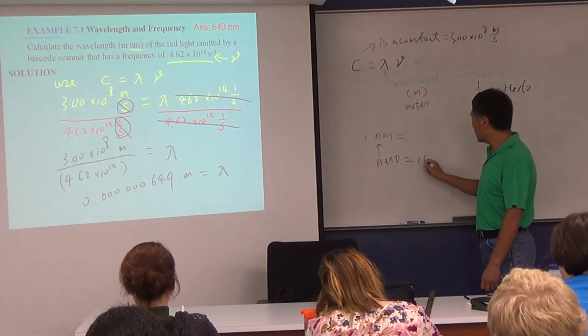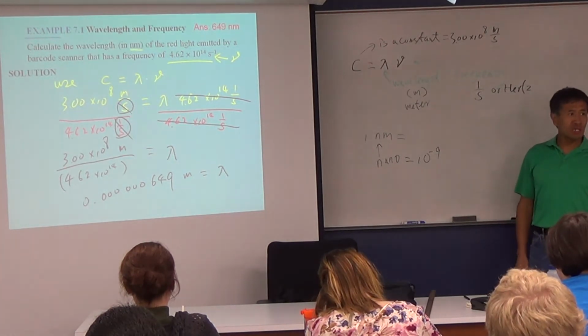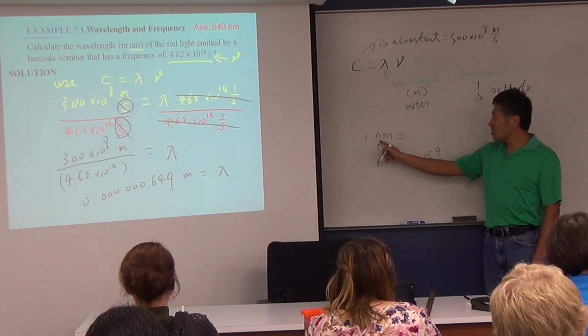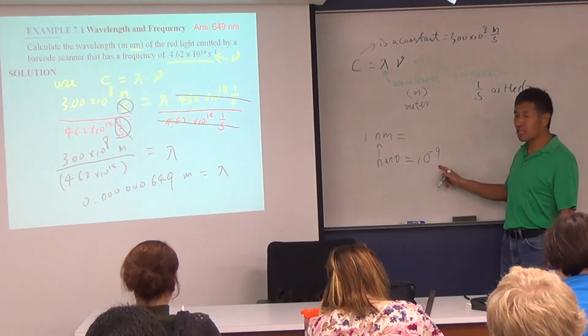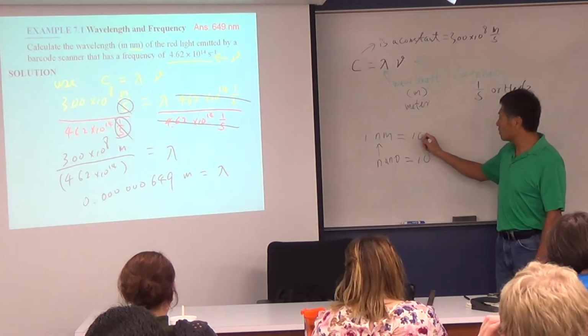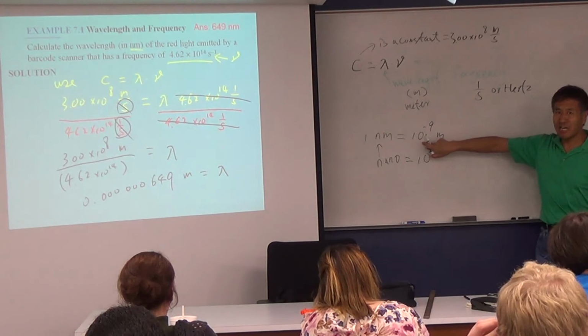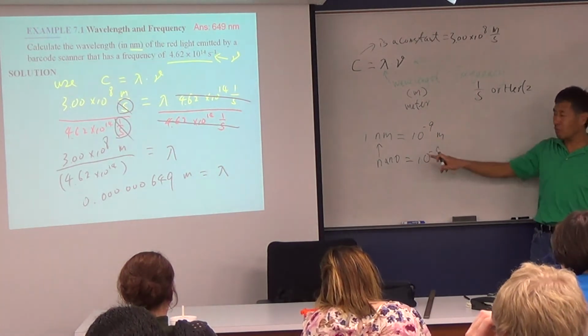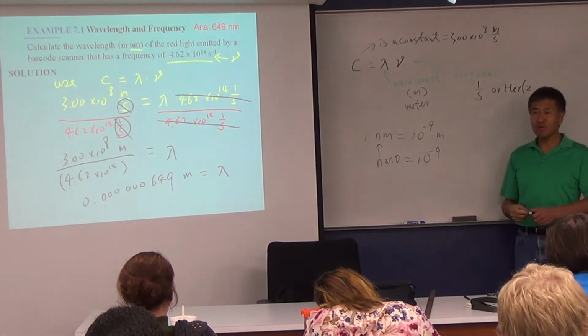Nano means 10 to the negative 9. So what you do is very easy. You see this n here, just replace this n by 10 to the negative 9. So therefore you have 10 to the negative 9, and you already replaced the n, so what is left over is a meter. So you get those kinds of equations very quickly.